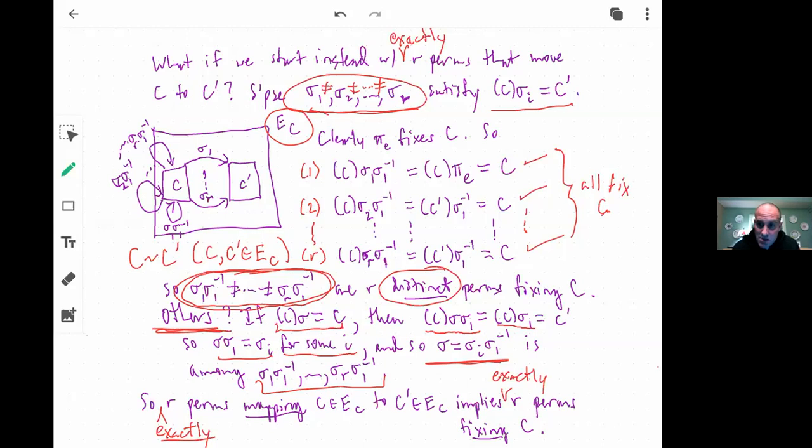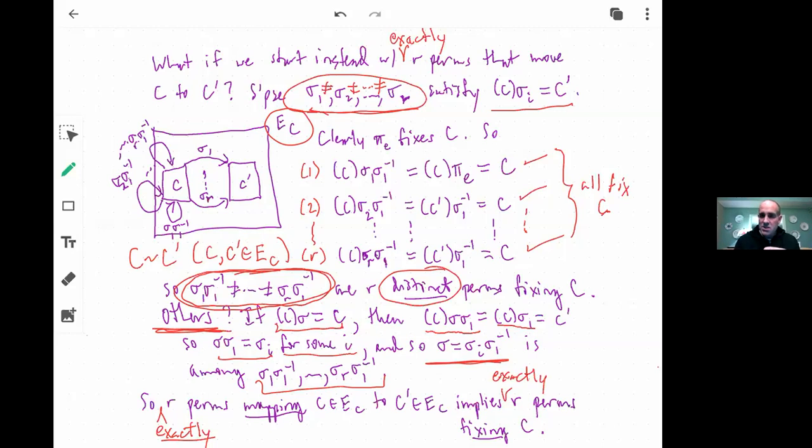And by the same rationale, that means I also have R things fixing C prime. So we have it. We have everything we said we could possibly want with these things.